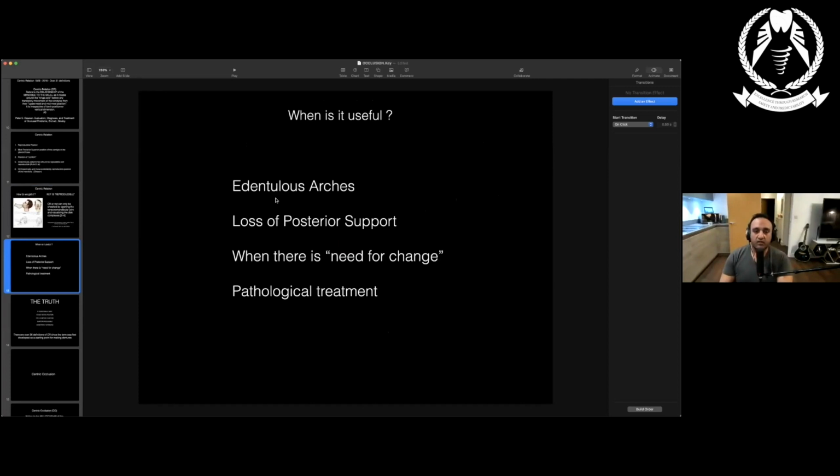So it's useful for the edentulous arches, obviously the loss of posterior support. So the patients who have anterior teeth and they've got no back teeth at all, and there's no effective bite to register, because if you think about it, you take a set of impressions, even if you're taking traditional impressions, you've got no back teeth. How are they going to articulate those models? They're just going to be all over the shop. They're going to move.